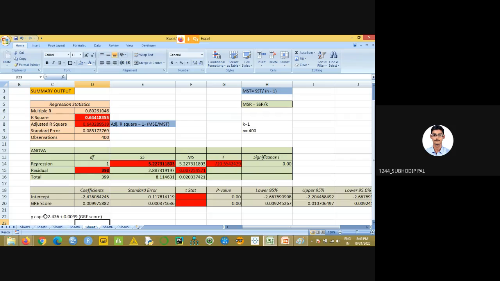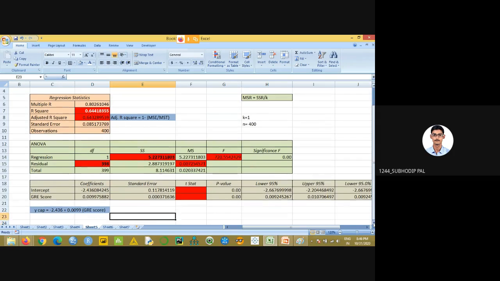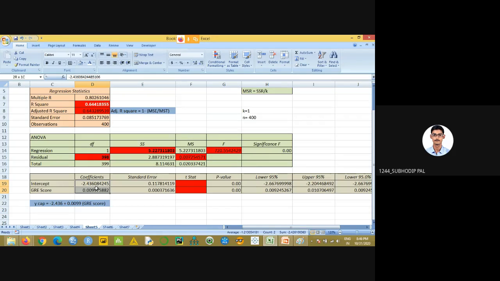This is my regression equation. So this table actually helps in writing the regression equation. Here, this is the intercept and this is my independent variable.